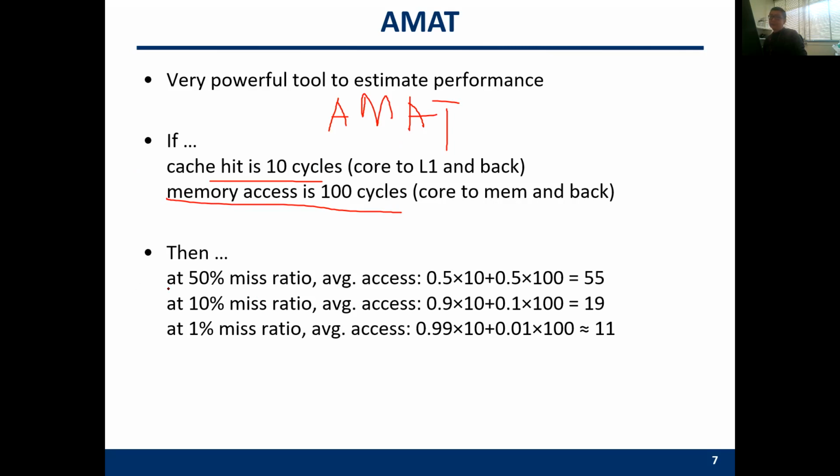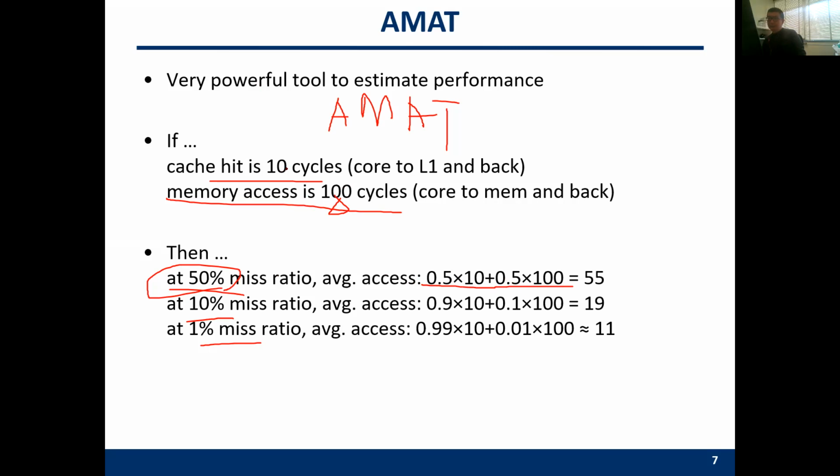So what if we have this much miss ratio: 50%, 10%, 1%? If we have a 50% miss ratio, which means 50% of accesses will have a miss, will have this much latency. So 50 multiply 100.